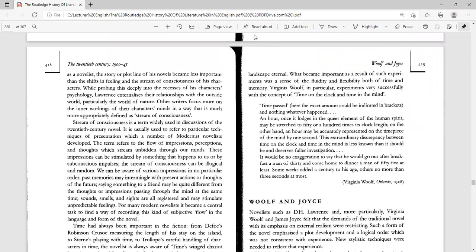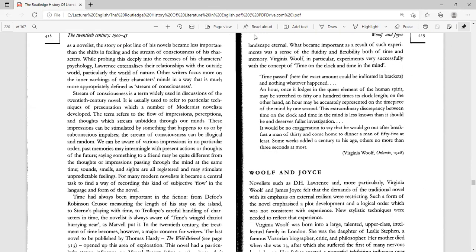Lawrence externalizes their relationship with the outside world, particularly the world of nature. But other writers focus more on the inner working of their characters. Those writers who focus on the inner working of their characters' minds are writers of stream of consciousness.